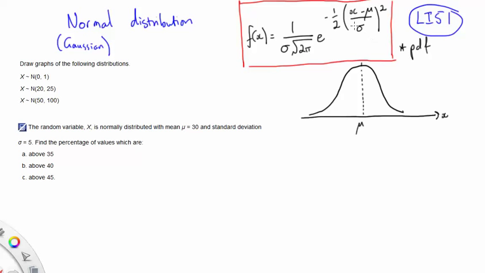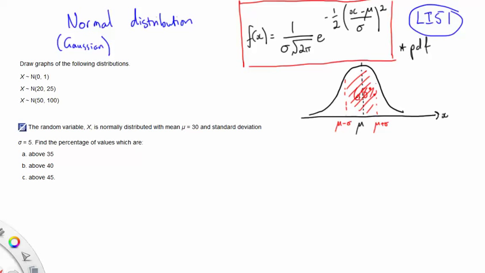And one standard deviation left and right of the mean. So if this is the mean minus a standard deviation, and this is the mean plus a standard deviation, that's approximately 68% of your data.